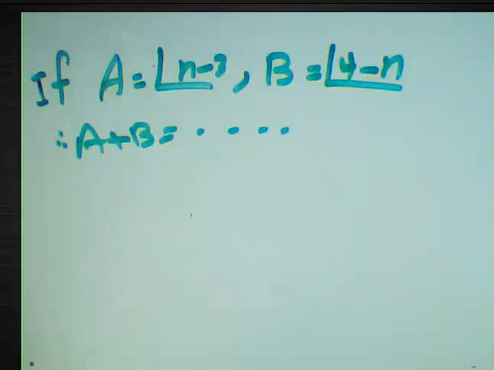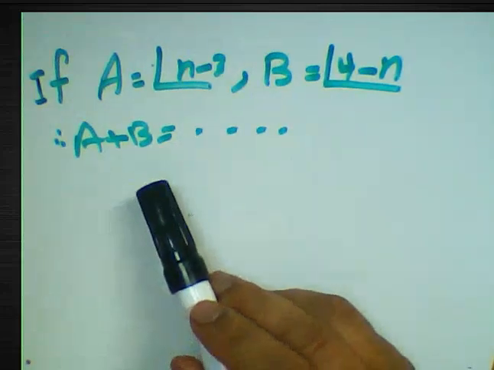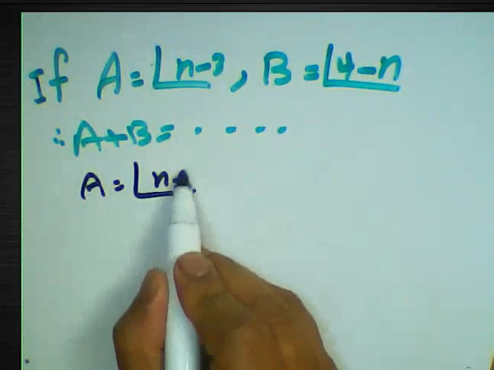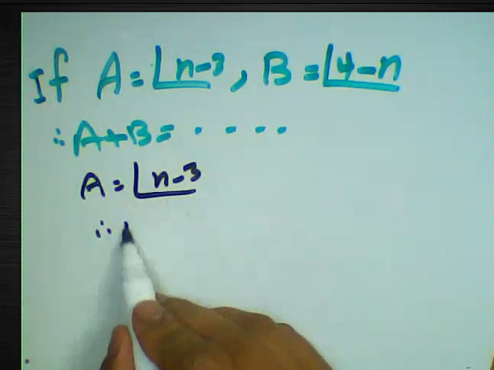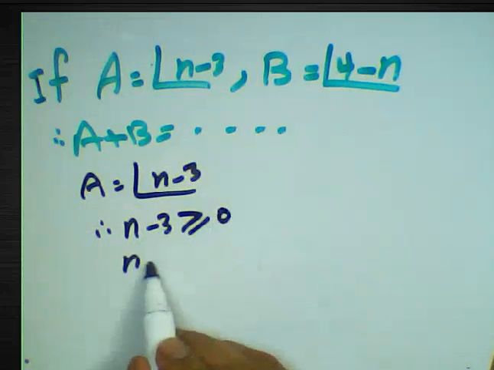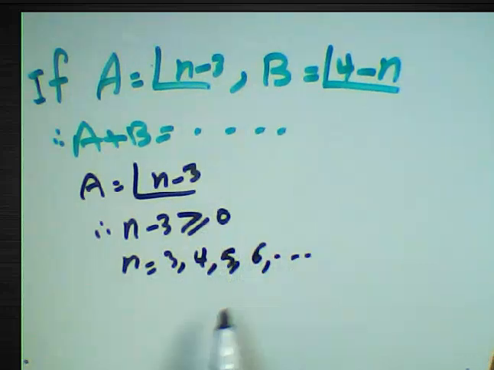If a equals (n−3)! and b equals (4−n)!, then a plus b equals what? First, we know a equals (n−3)!, then n minus 3 is greater than or equal to 0, then n will be 3, 4, 5, 6, and so on.